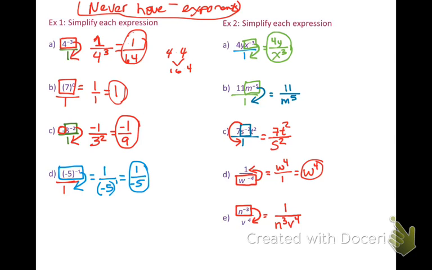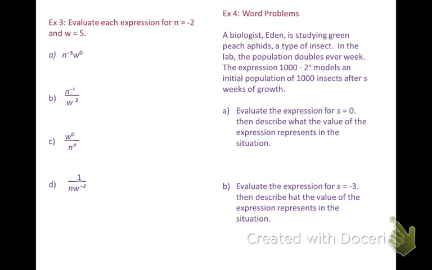Let's look at example 3. All right. I am going to, at first, not put evaluate. I am not going to put these numbers in yet. I'm going to put the fractions where they need to go.